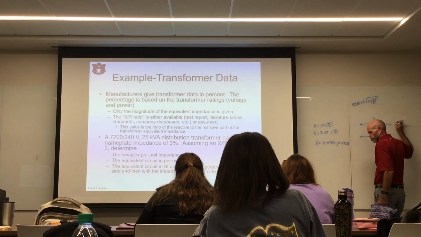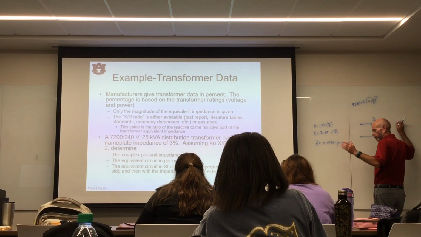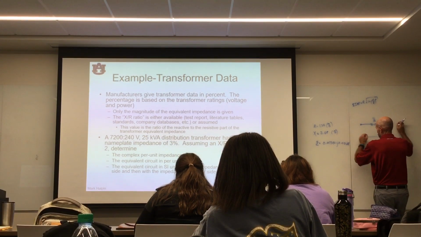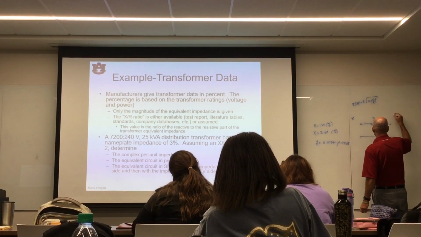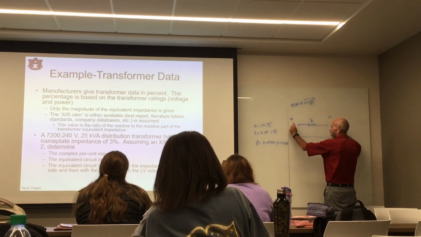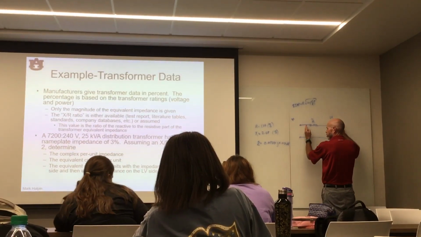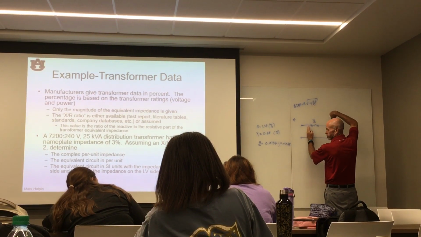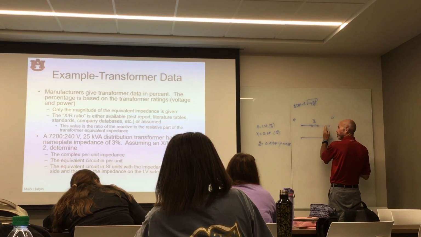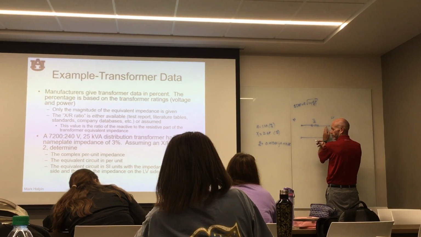I guess it's because in English we tend to read left to right. If we think like this, if the ideal transformer is here, then that impedance is on the low voltage side. If the ideal transformer is here, then that impedance is on the high voltage side.